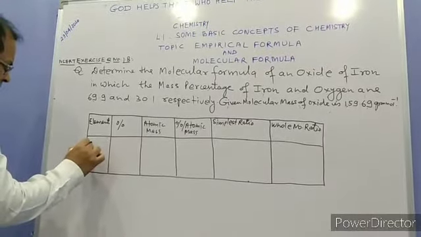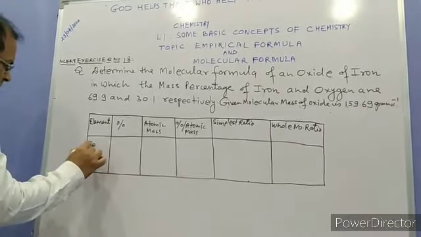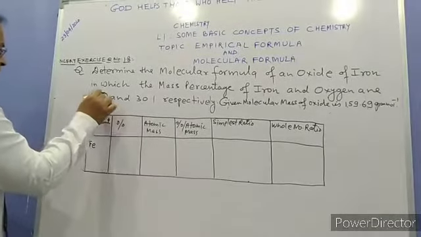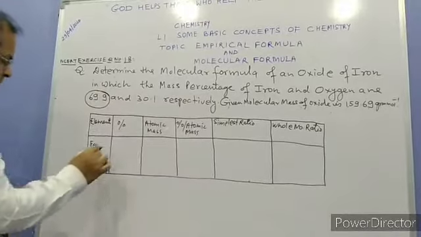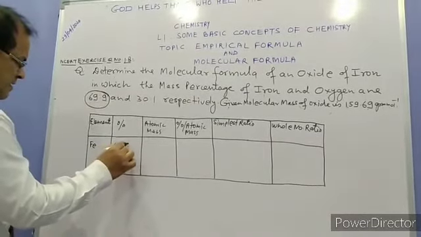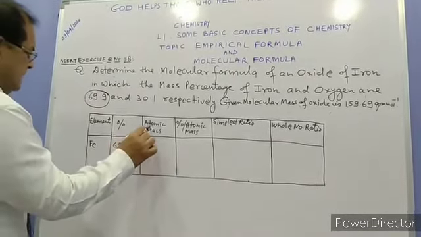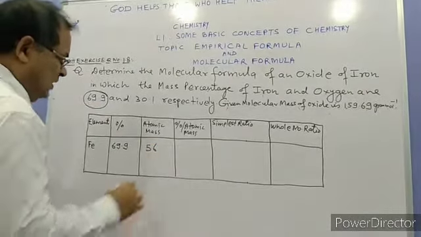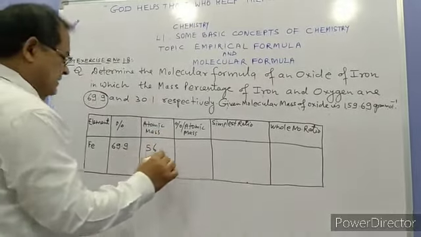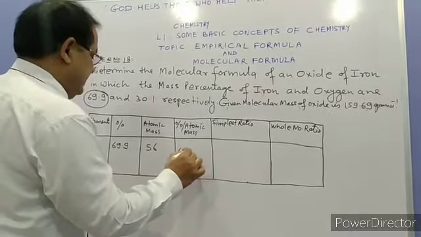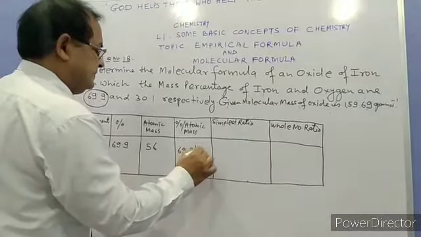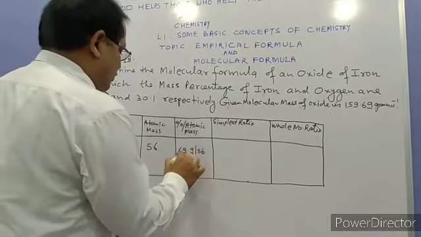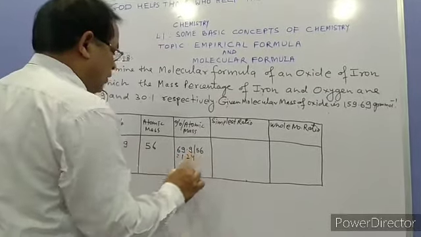Now element iron, symbol Fe, percentage 69.9, atomic mass of iron 56. Percent upon atomic mass: 69.9 upon 56 is equal to 1.24.